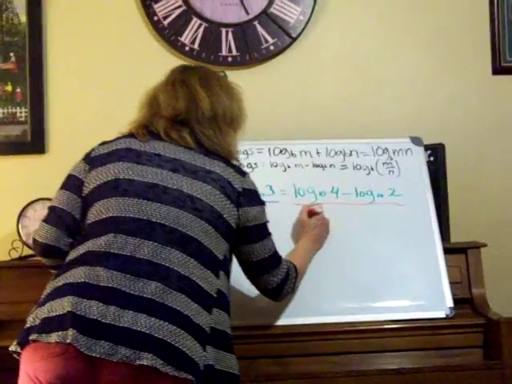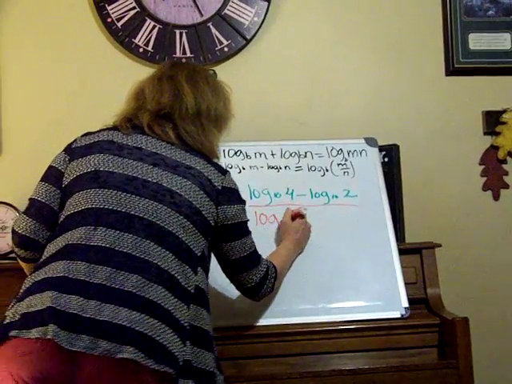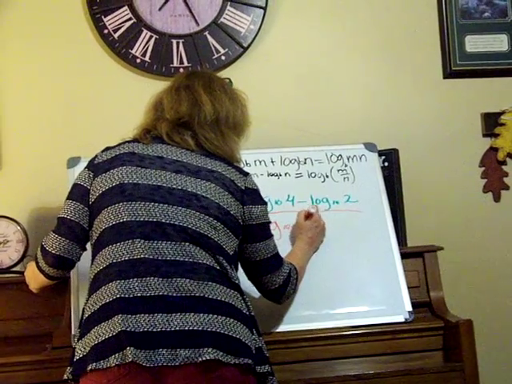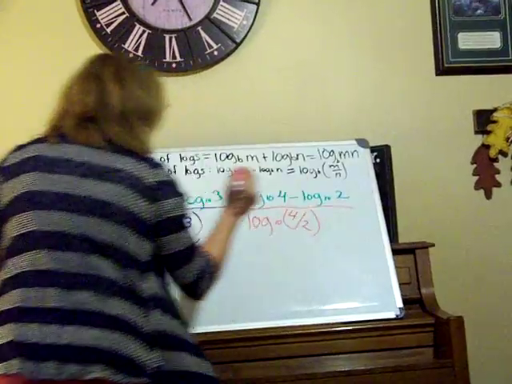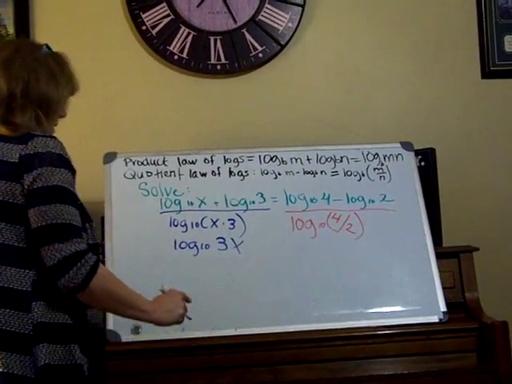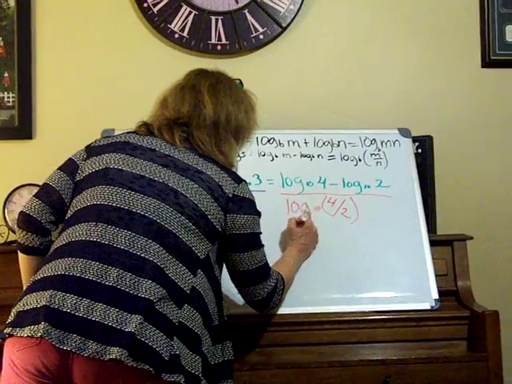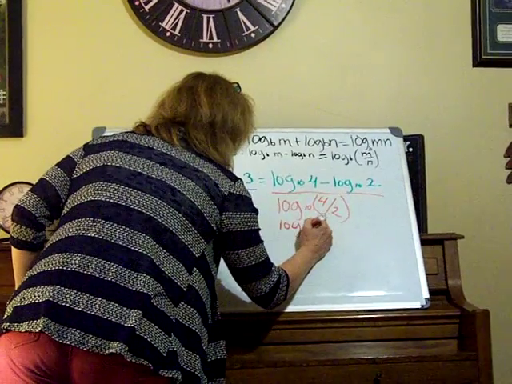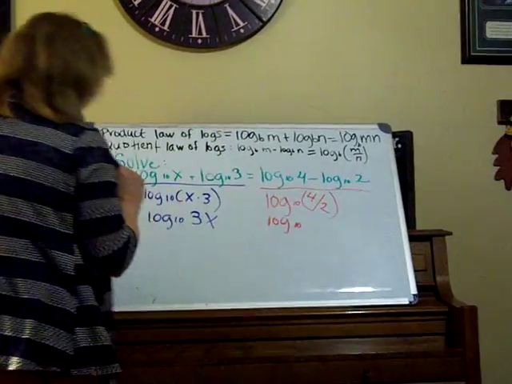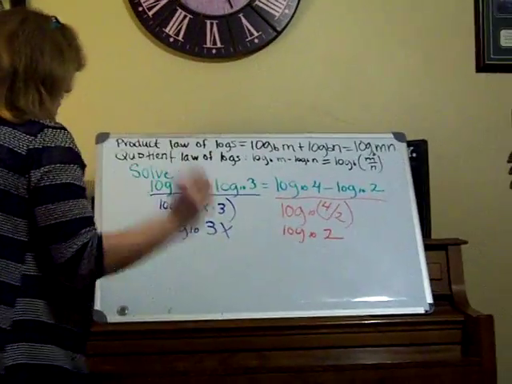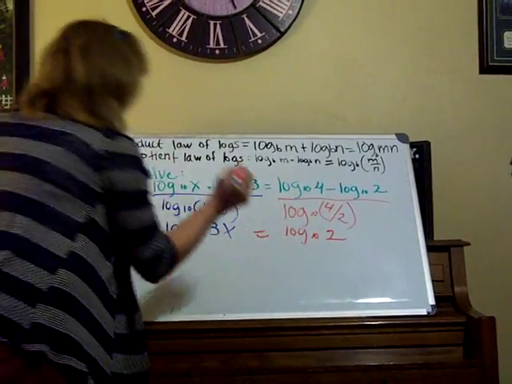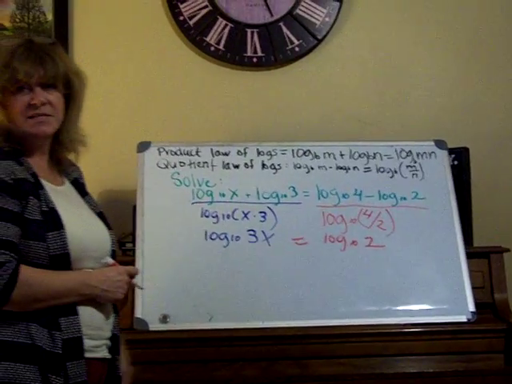So we have log base 10 of 4 divided by 2. And what that goes down to is log base 10 of, well, 4 divided by 2 is 2, so that simplifies down to 2. And this is still equal to each other because it's still an equation.